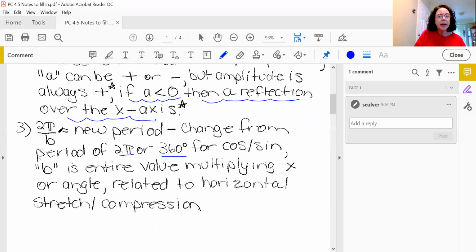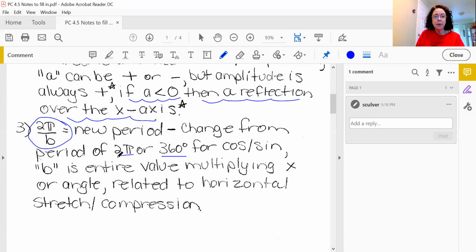So a new period involves the use of B in the equation. That is the value that is multiplying your angle. 2 pi divided by B would give you the new period, right? Has the period stretched from 2 pi to 4 pi, and so your graph is stretched out?